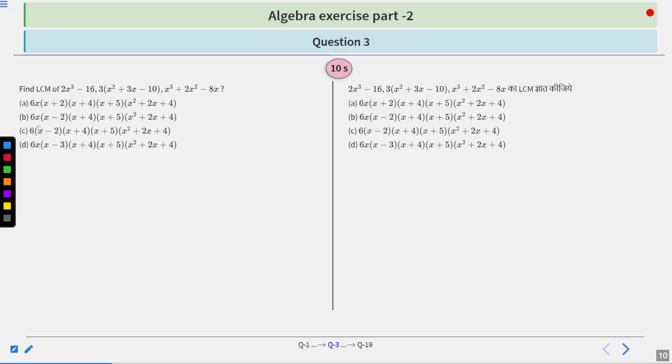Option B, 6x into x - 2 into x + 4 into x + 5 into x² + 2x + 4. Option C is 6 times of x - 2, x - 4, x + 5, and x² + 2x + 4. And option D is 6x into x - 3 into x + 4 into x + 5 into x² + 2x + 4. And you have 10 seconds to find out the correct answer. After that, I will do the solution.